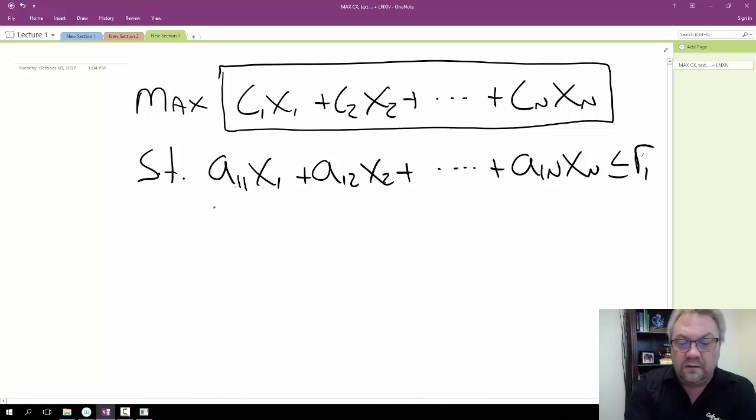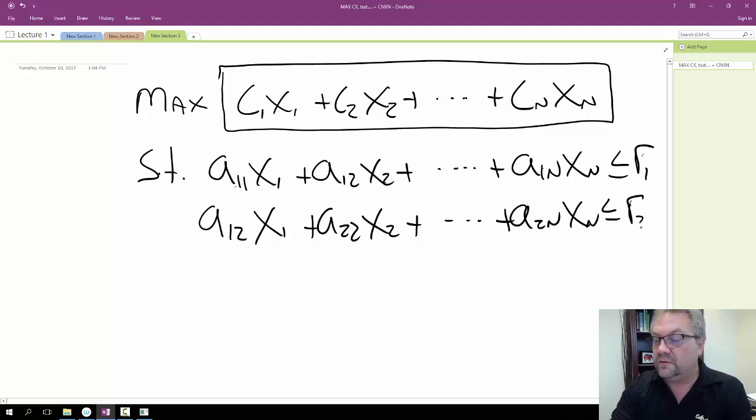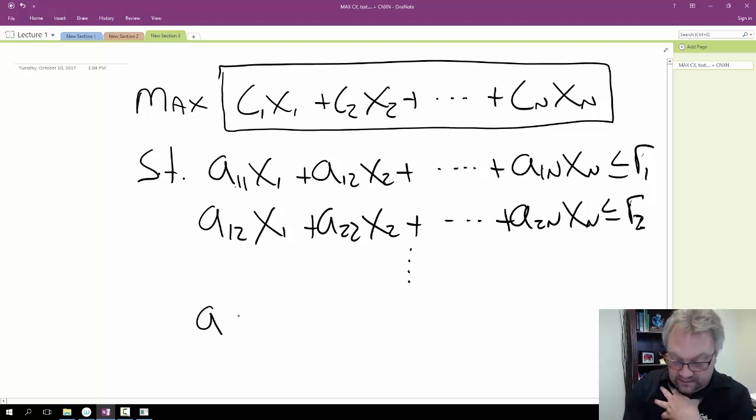Okay, moving on. You have our second constraint, A21 x1 plus A22 x2 plus dot dot dot A2n xn less than or equal to some constraint, okay? And then I'm going to dot, dot, dot. And then finally we have this. I think I screwed this up. Row 2, column 1.